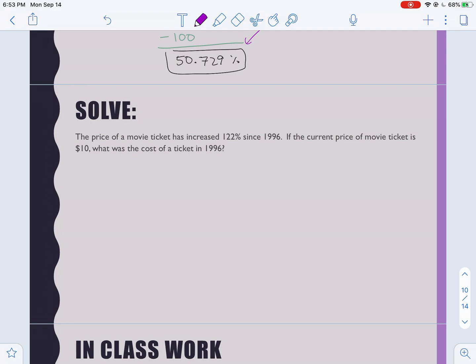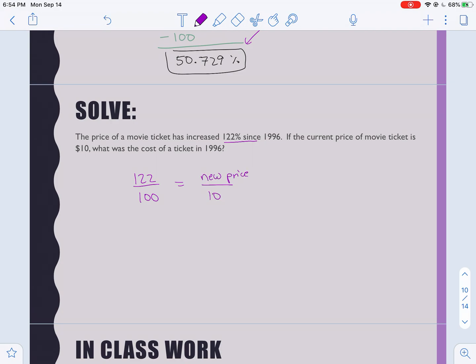Right, so the price of a movie ticket has increased 122% since 1996. If the current price of a movie ticket is $10, what was the cost of a ticket in 1996? All right, so it's gone up 122%. So 122 over 100 equals, well, the original price was $10.